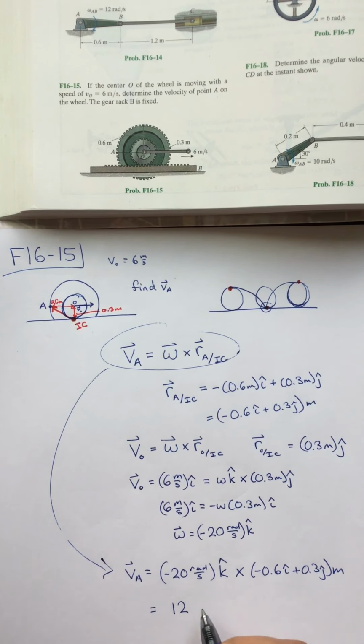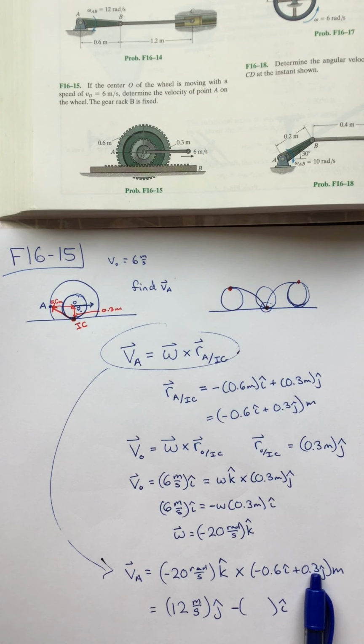This is meters, this is radians per second. So that's meters per second. It's positive because it's negative times negative. And k hat crossed with I hat gives me j hat. And then k hat crossed with j hat gives me negative I hat. So this is negative I hat. And then I have 20 times 0.3, which is 6, but this was negative and this was positive.